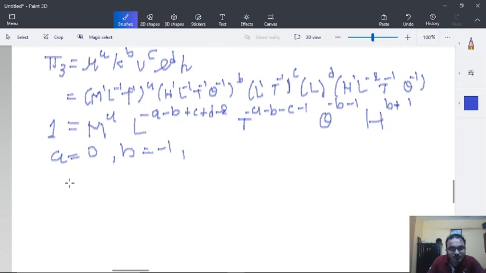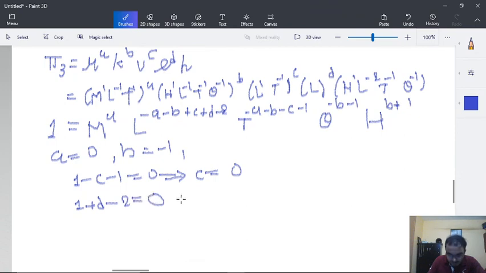So after that we will be getting 1 minus c minus 1 equal to 0, which implies that c equal to 0, and for d it will be 1 plus d minus 2 equal to 0, so d equal to 1. So these are the quantities that we have obtained.